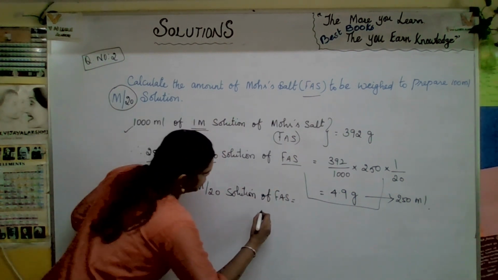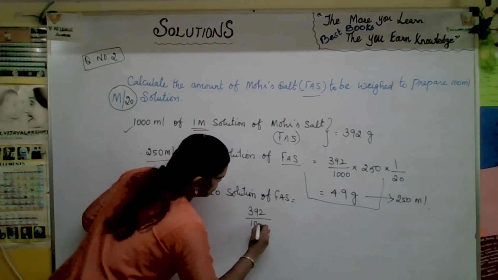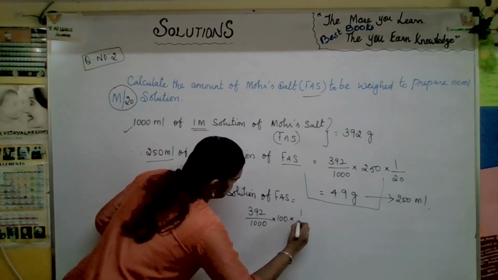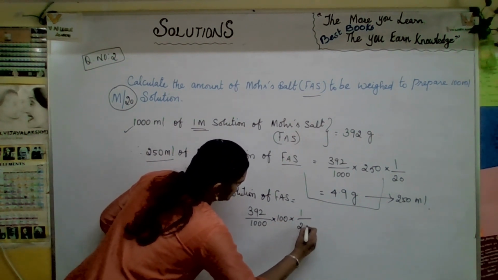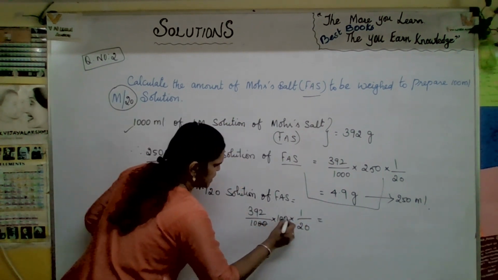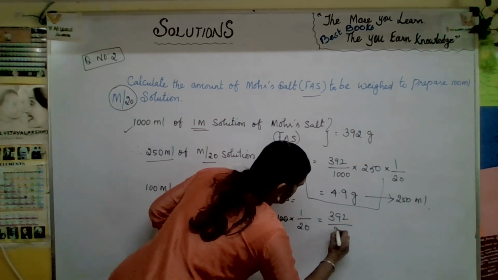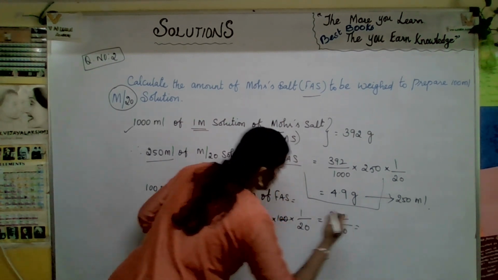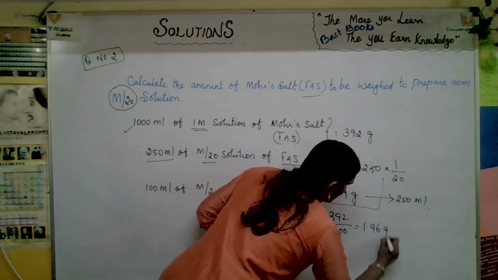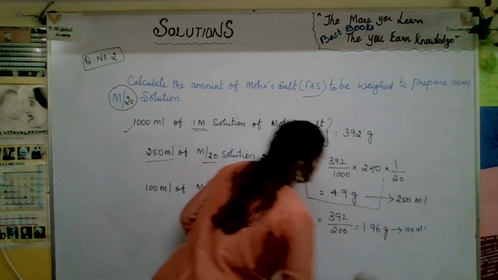Now what you will do, the same idea: 392 divided by 1000 into 100 into 1/20. Right? Okay, now this is so easy for you. So altogether 392 divided by 200. So you will get how much? 1.96 grams in 100 ml.